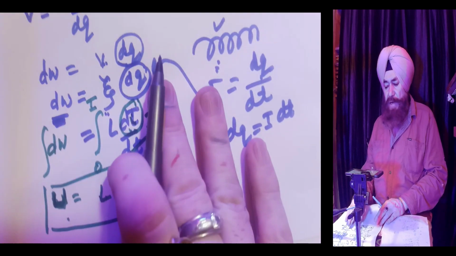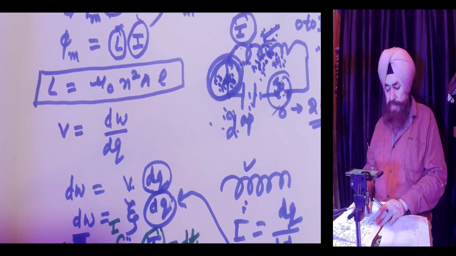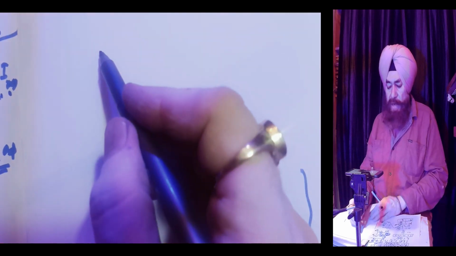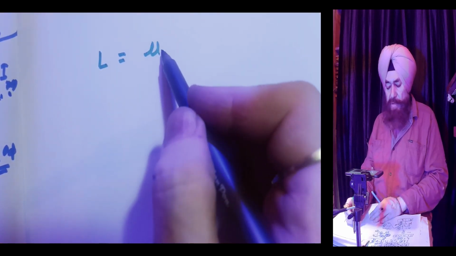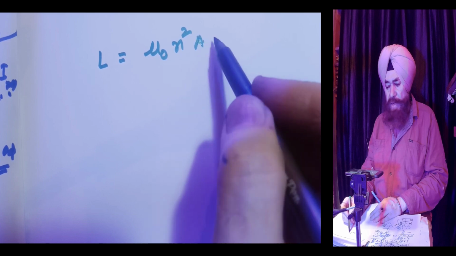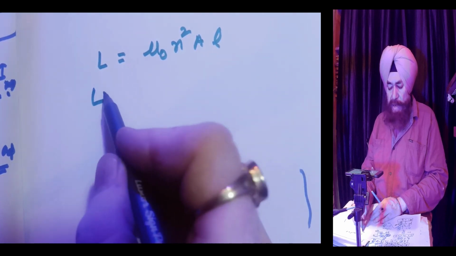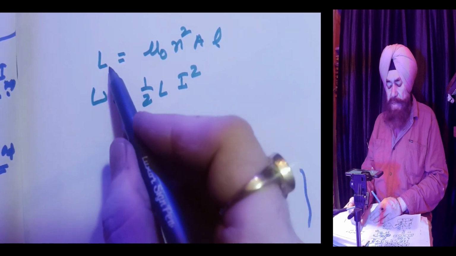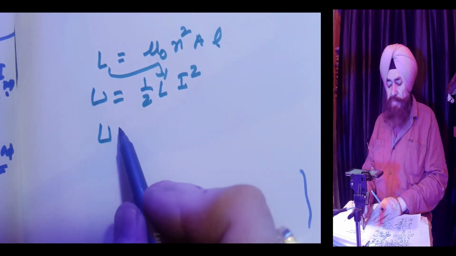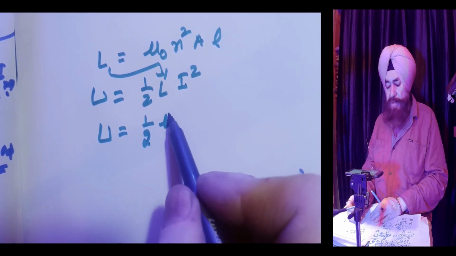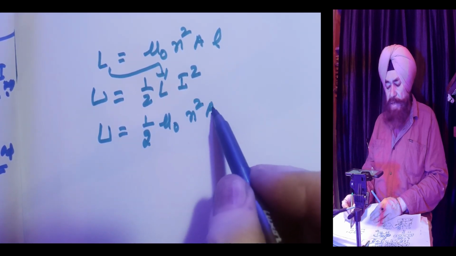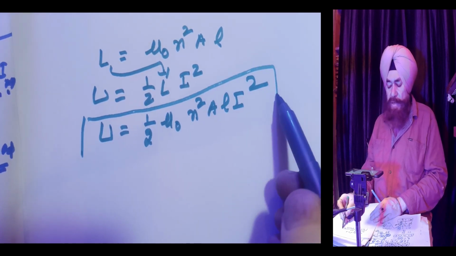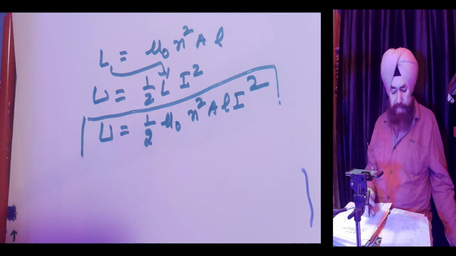Okay, you know very well the value of L. The value of L is mu naught n square A l, and energy equals 1 by 2 L I square. Substituting L here, it is 1 by 2 mu naught n square A l I square. This is the energy expression.